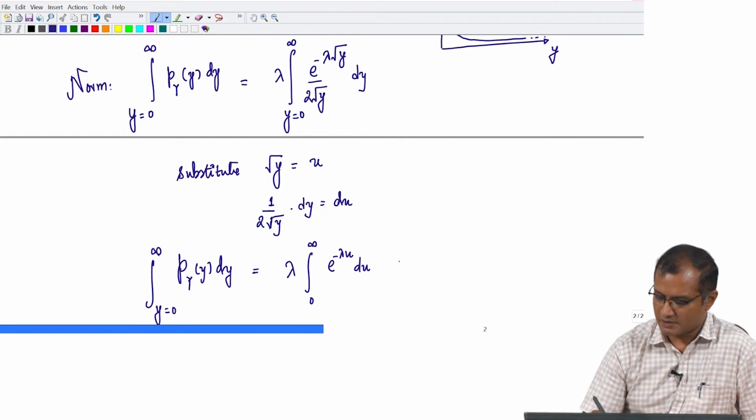Then you can see that if you integrate this, you will get lambda into 1 upon lambda, which is 1.